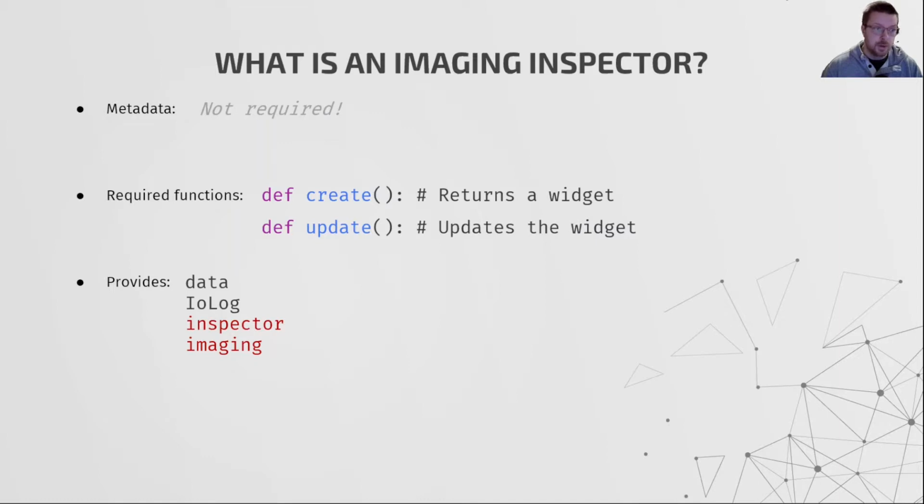The objects available to you in the script are the usual data and iolog, but now we have two new things. One is inspector, so there's an inspector object and an imaging object. So we'll talk a little bit more about those new ones now.